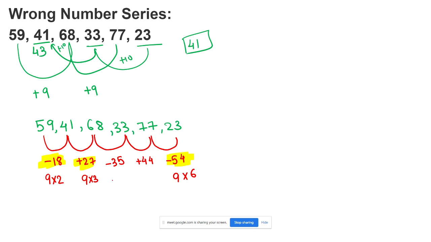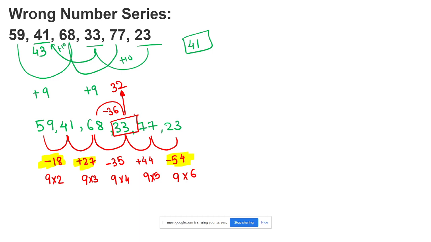Can you see what should have been here? 9 fours are, yes, it should have been 9 fours and 9 fives, which is not according to the pattern. If I see 9 fours, how much difference should there be here? The difference should have been 9 fours, that is, a difference of 36. If the difference is 36, what should come on this number? If it is a difference of 36, the number should be 32, right?